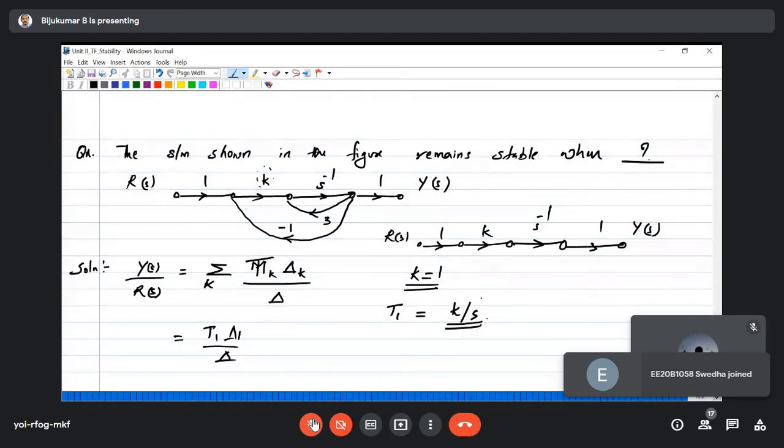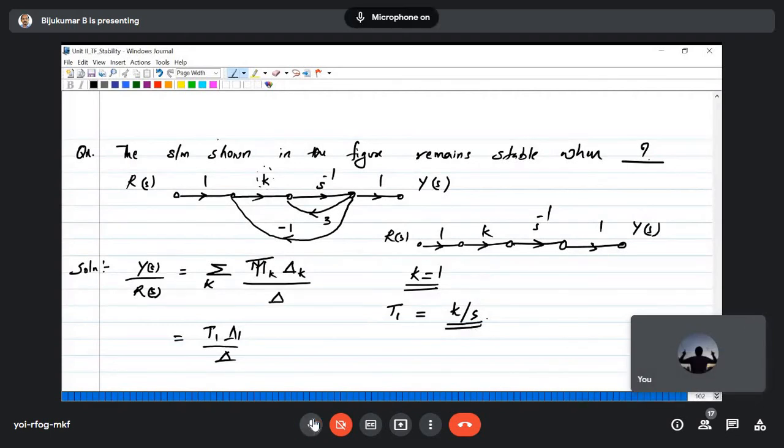Now how many loops are there in this? Two, because a loop means we start at one point and come back to the same point. One loop is like this, where you can come back to the same node, and the other loop is like this. So we have 2 loops.